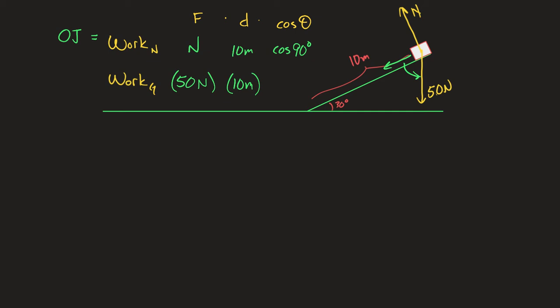It's a 30, 60, 90 triangle. I'm not trying to trick you. It's 60 degrees. You guys are sharp. You can put that together. That means this has to be the cosine of 60 degrees. 250 joules.